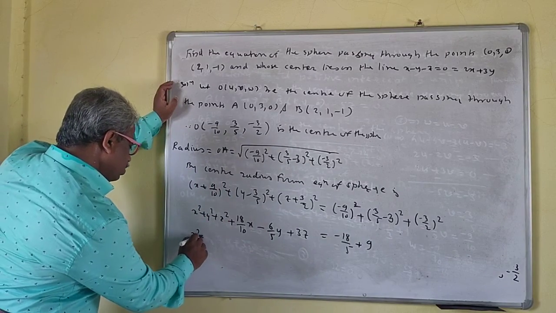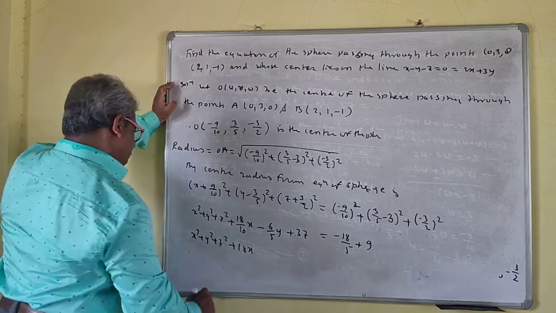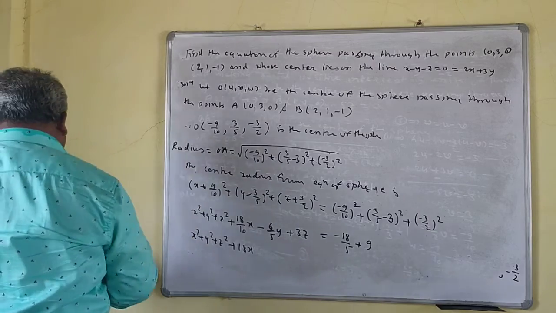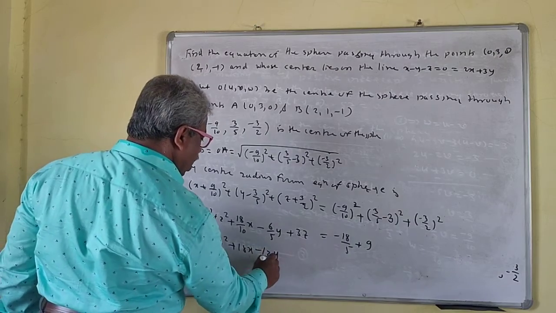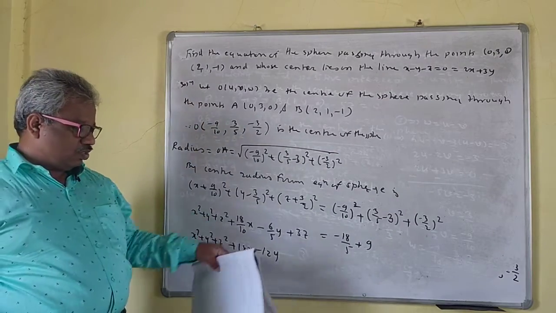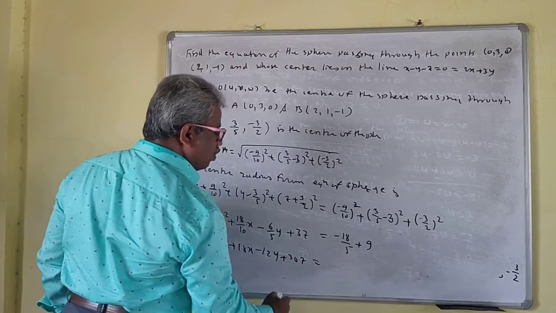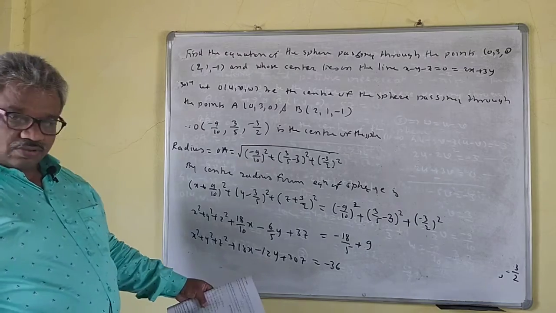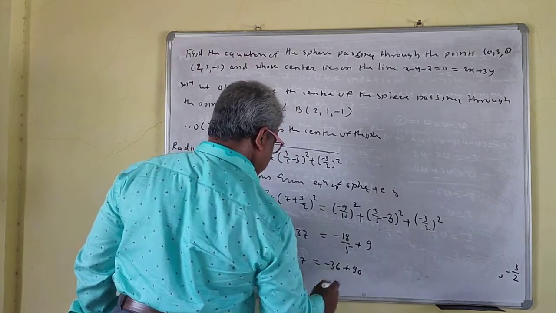So this is x square plus y square plus z square plus 18x minus 12y, you are multiplying by 10, so this is 2 here, plus 30z is equal to minus 36. Okay. You are multiplying by 10, plus 90.